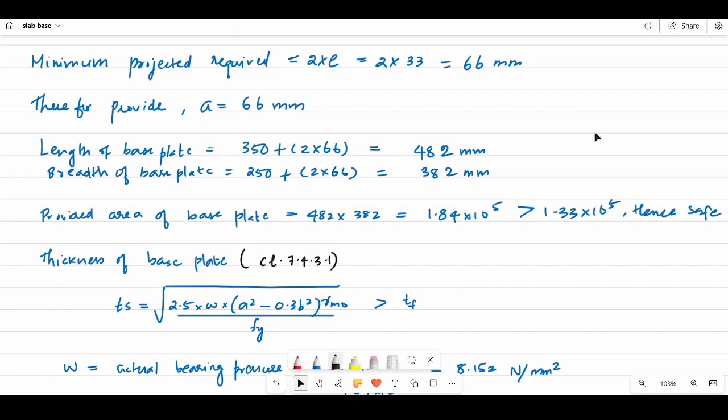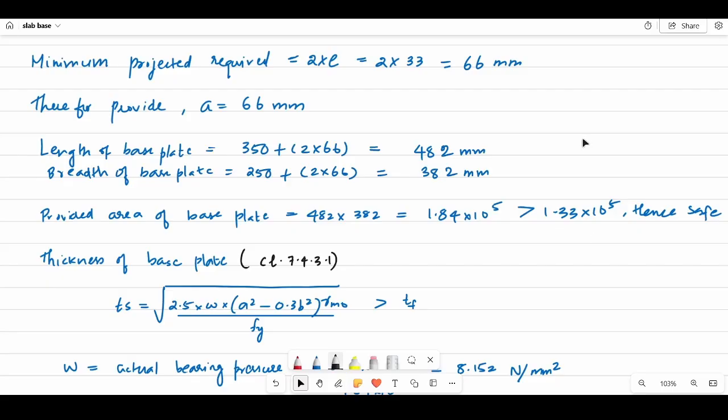So the length of the base plate now becomes 350 plus 2 times 66, because we have to provide projections on either side. So it will be 482 mm, and the breadth of the base plate will be 250 plus 2 times 66, which is 382. So this is the area of base plate, and when we multiply, it will be 1.84 into 10 raised to 5. This is greater than 1.33 into 10 raised to 5, hence it will be safe.